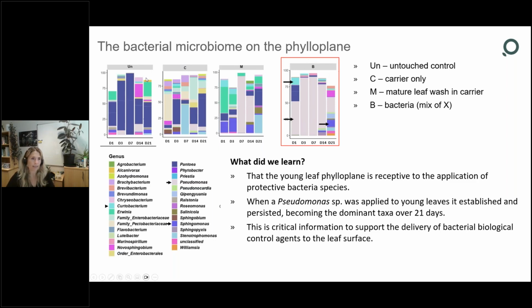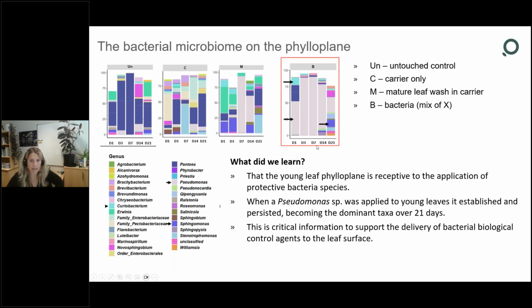And what you can see is that in the untouched control, nothing changes very much over time. With the carrier only, there is some change over time, and that's possibly because there's some type of nutrient source being put on the surface of the leaves. And the mature leaf wash, you can see by day 7 that Pseudomonas is starting to dominate the community, and that tapers off at day 21.